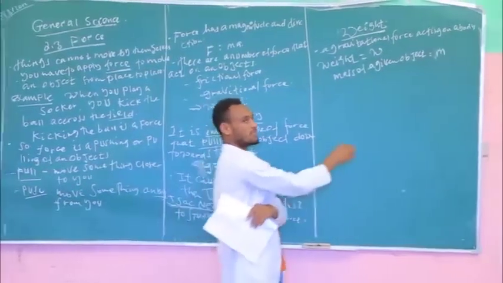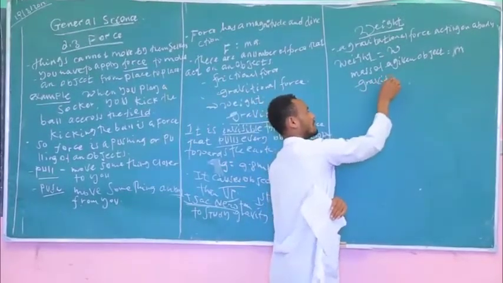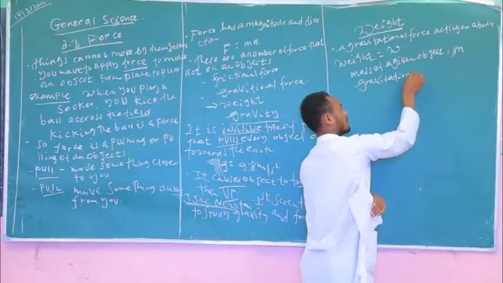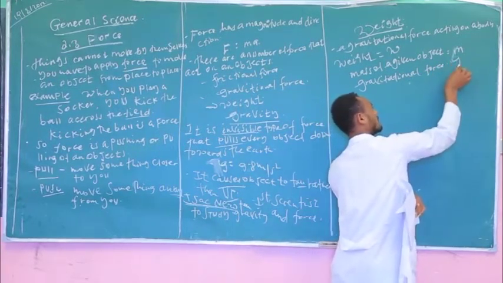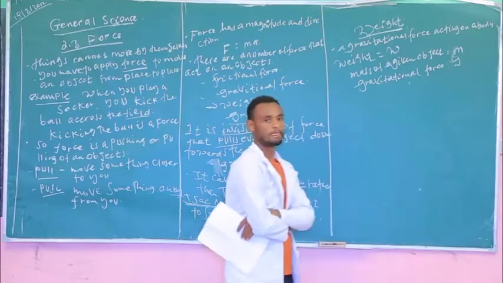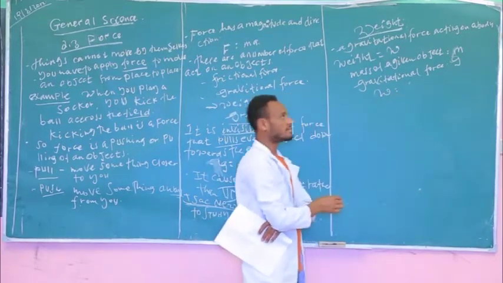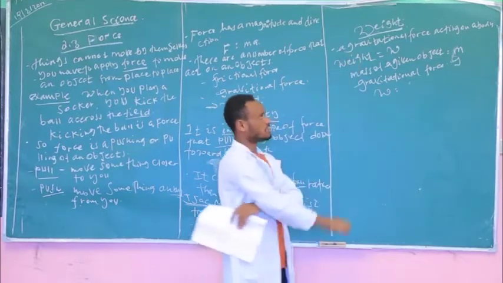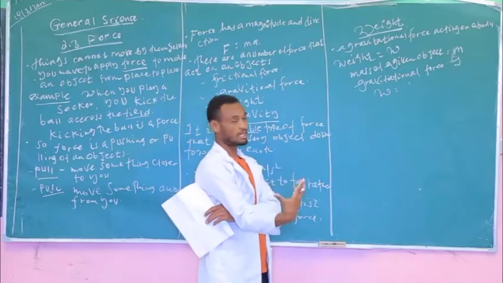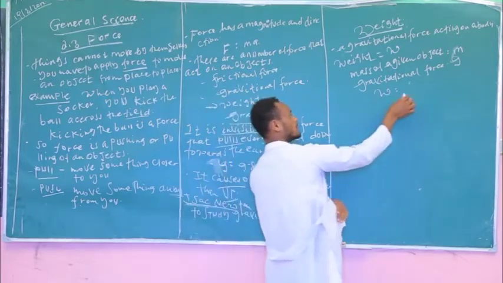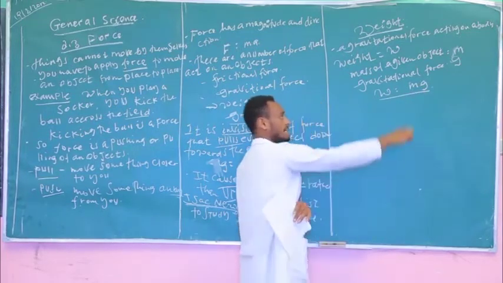Now there is a gravitational acceleration that can be represented by a small g. So weight, as we said, is the gravitational force acting on a given body. So weight is equal to mass times g. Weight is mass times g.